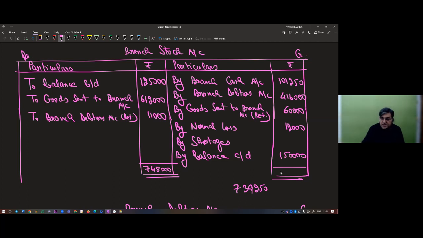Shortages will be 7 lakh 48,000 minus 7 lakh 39,250, so shortages are 8,750.